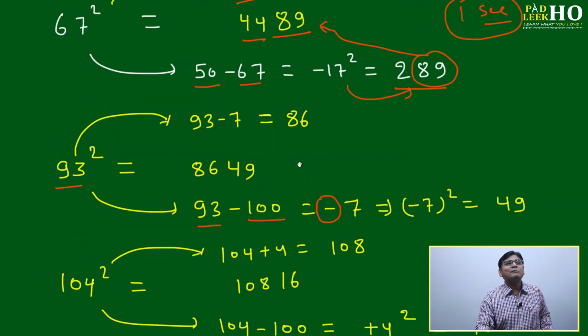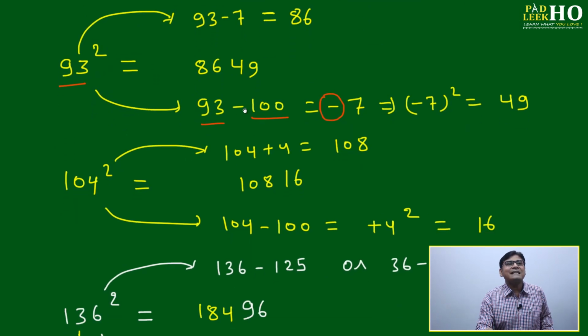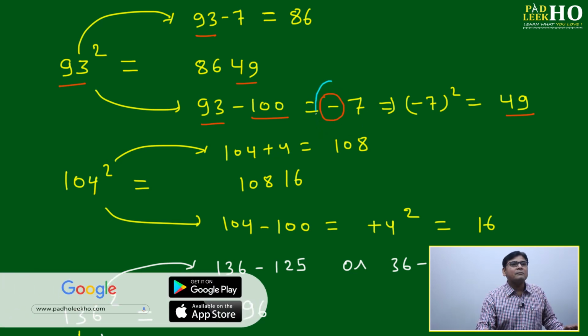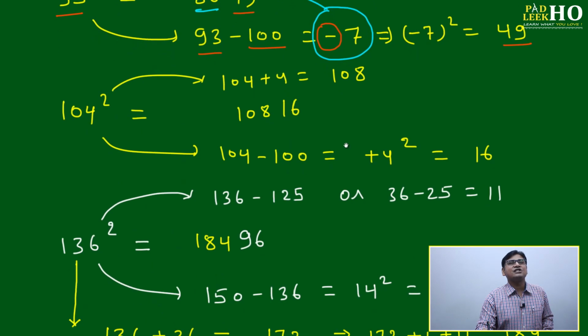In the earlier slab the sign does not affect the answer, but here it does. So always take number minus base: it becomes minus 7. Make the square, it becomes 49. 49 will come here. Then 93 and this difference, number minus 100, together with the mathematical sign, because here it will matter: 93 minus 7 becomes 86. 86 will come here. Over. 93 square becomes 8649.